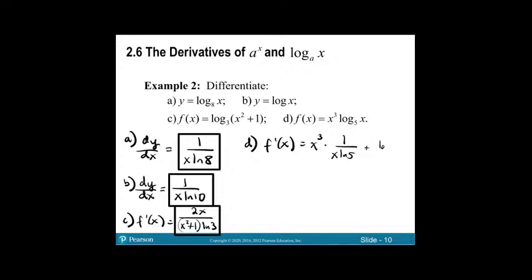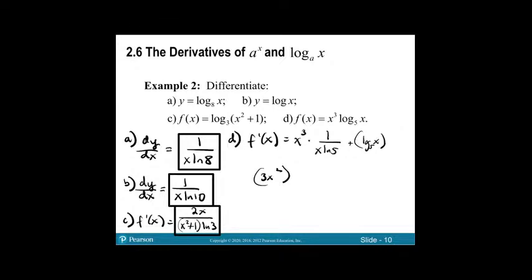Ran out of space. I can't leave that like that. I'm going to rearrange a lot of this stuff. First times the derivative of the second plus the second times the derivative of the first. I think that's about the best we can do. Okay, I'm going to shrink. First, I want to rearrange this stuff. I'm trying to get it on one line. Let me go ahead and do this.